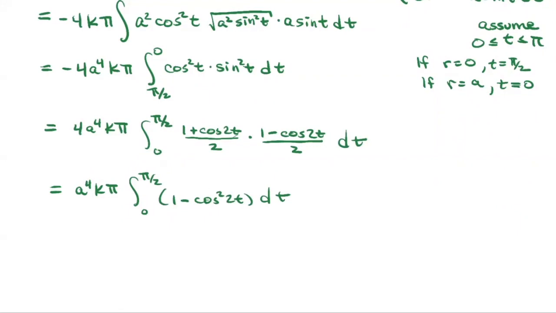Still got an even power. So here goes again, another power reduction. So we got a to the 4th k pi integral from 0 to pi over 2 of 1 minus, here goes, 1 plus cos 4t over 2 dt.